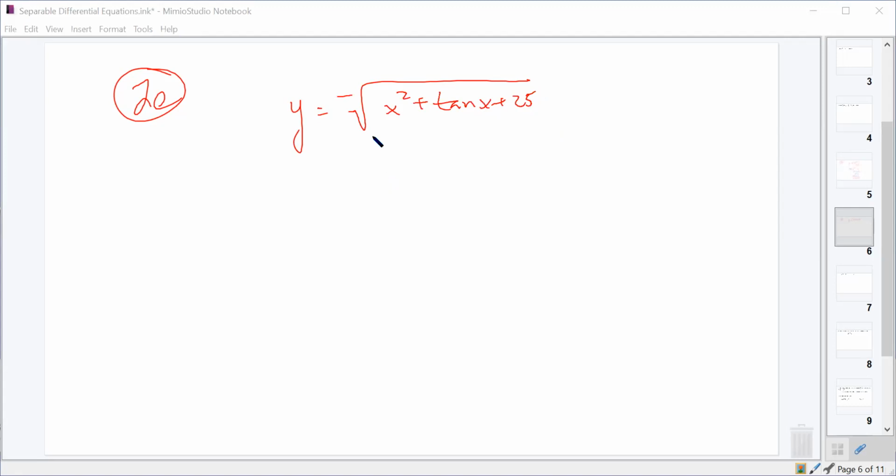So the restrictions of the domain of this, there's two different things we have to take into account. One, when is the thing inside of here greater than or equal to 0? Because that's a restriction on the domain, right? This x squared plus tangent x plus 25 has to be greater than or equal to 0. And also, tangent x gives us restrictions, right?